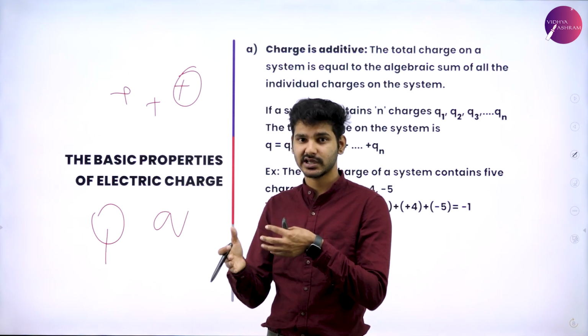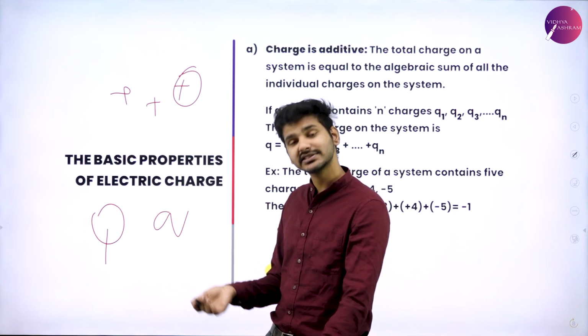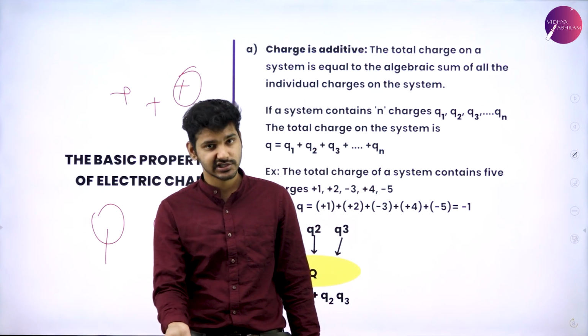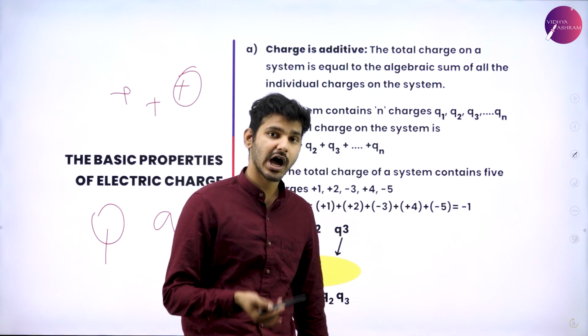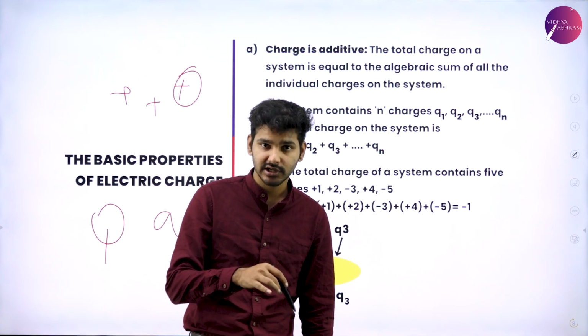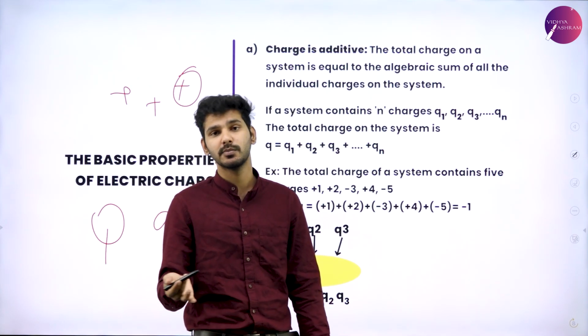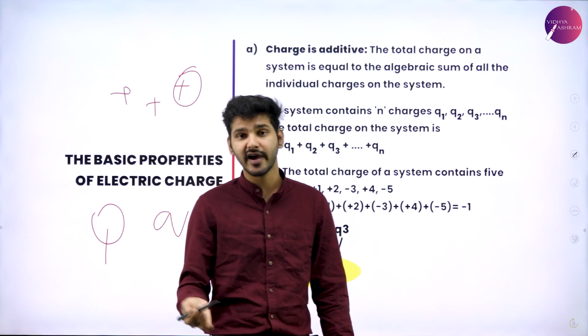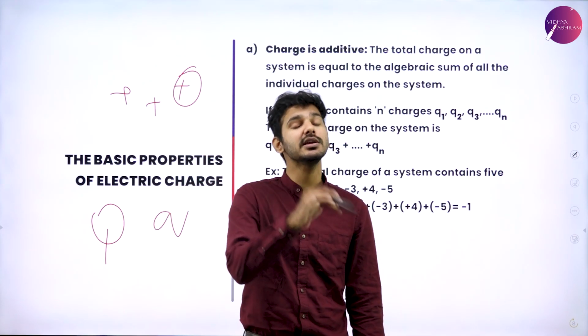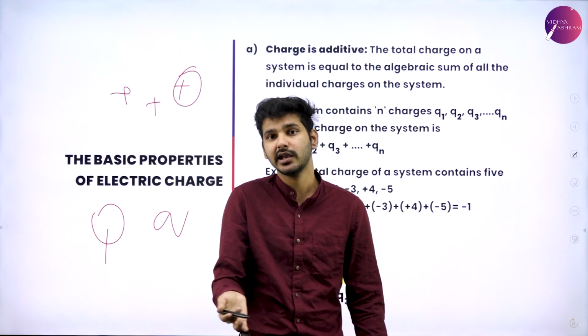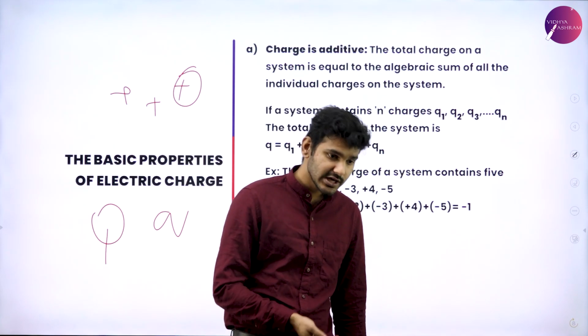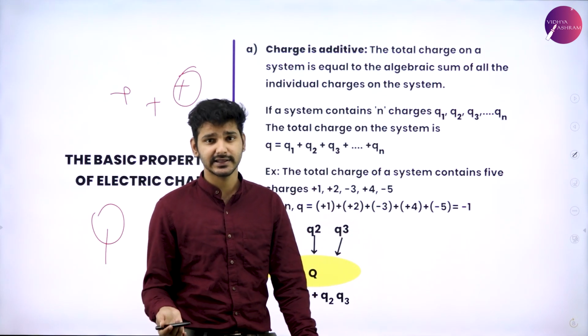How can you add it? Can you even add it? It turns out that you can actually add charges in a material. Depending on how many charges there are in a material, you can add them as if they were numbers. If you have 5 apples in a basket and you add 3 more apples, then you will have 8 apples in total. Like that, you can add charges.